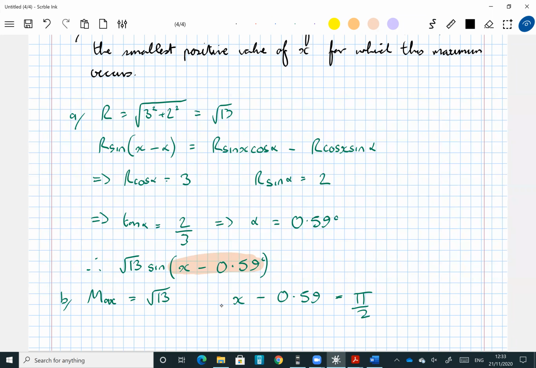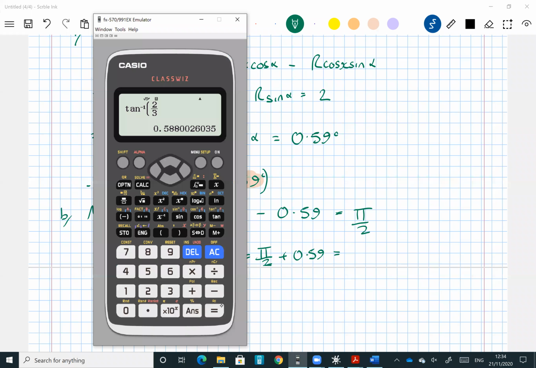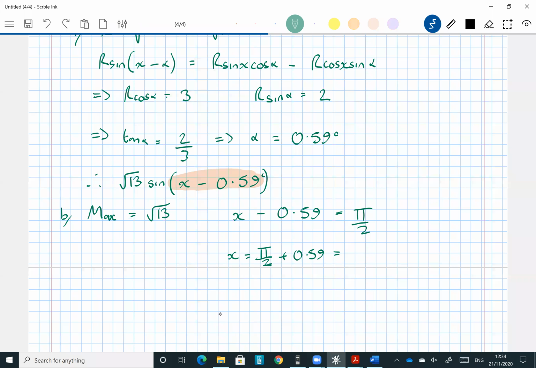The maximum of the sine graph occurs at pi over 2. So just rearranging that now, x equals pi over 2 plus 0.59, we'll just put that in the calculator, pi over 2 plus 0.59 equals 2.16 radians. So that's how we do that one.